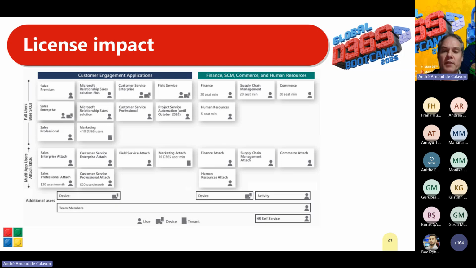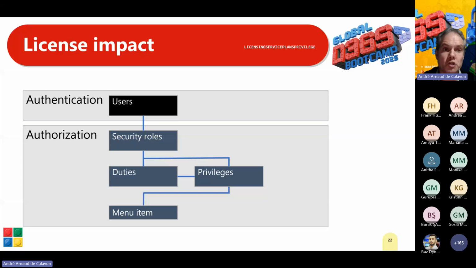In a licensing guide, Microsoft has information about the standard security roles, which roles are assigned to what type of license in the application, and that is also managed and listed using information on a privilege level, but also on a menu item level.